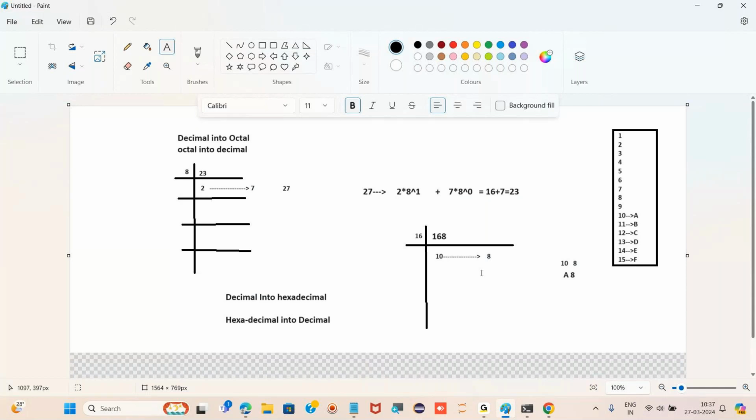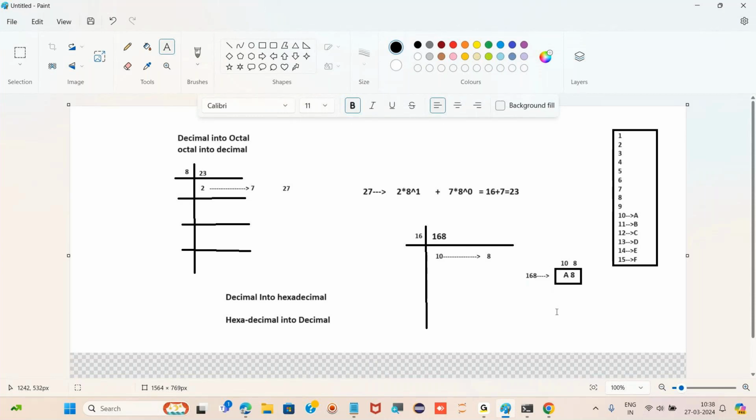We have converted the decimal value into hexadecimal. So if you see, this is the hexadecimal value of 168. This is the hexadecimal value for 168.